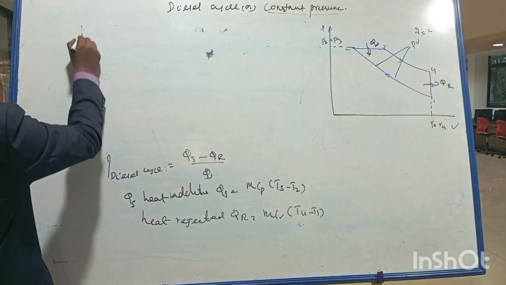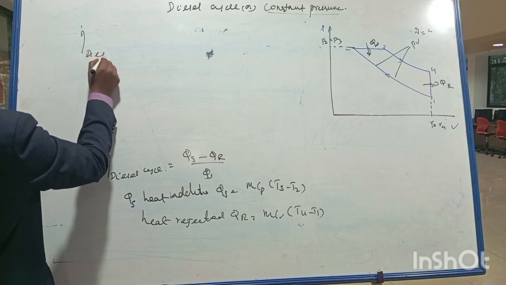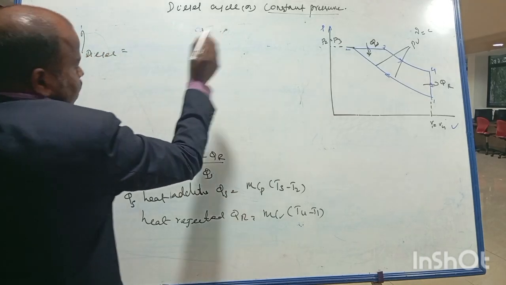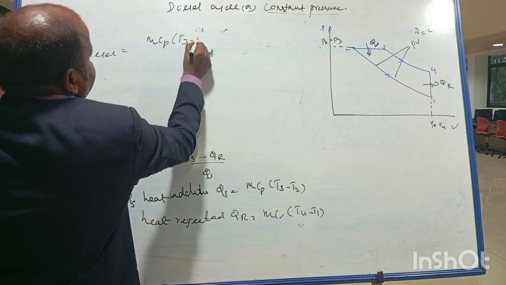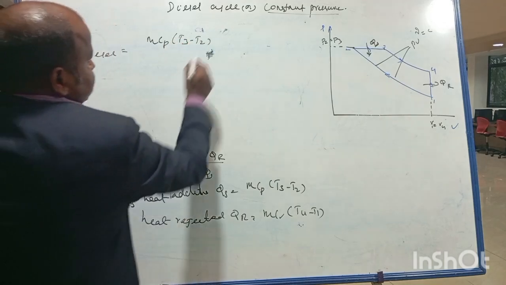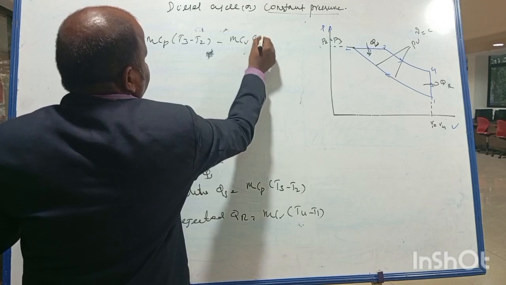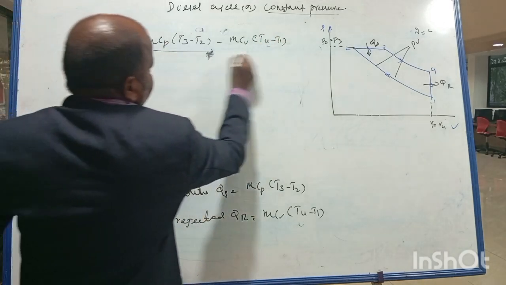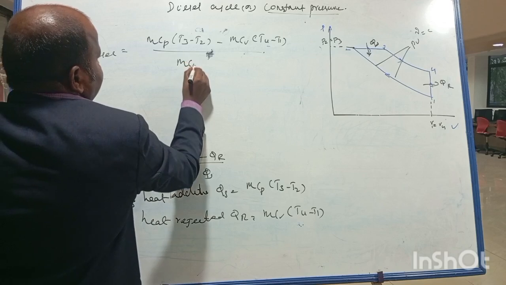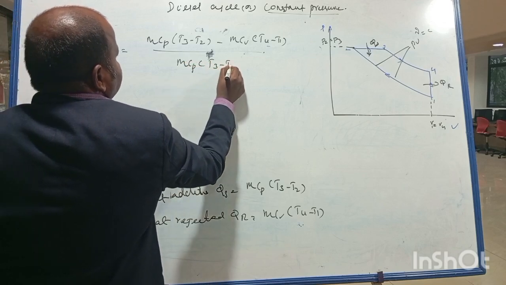That is, efficiency of the diesel cycle is m Cp into T3 minus T2 minus m Cv into T4 minus T1, divided by m Cp into T3 minus T2.